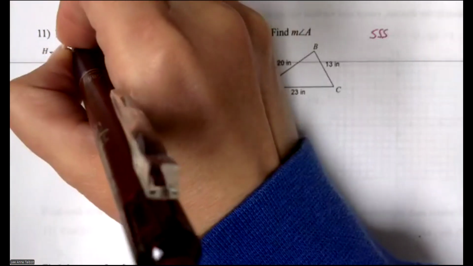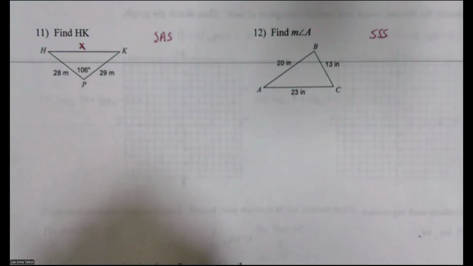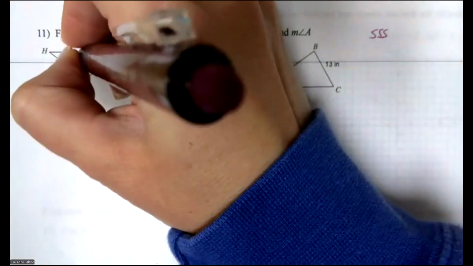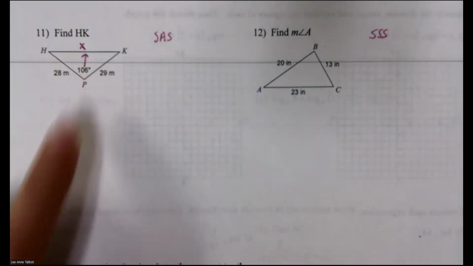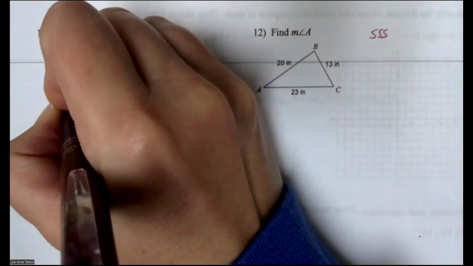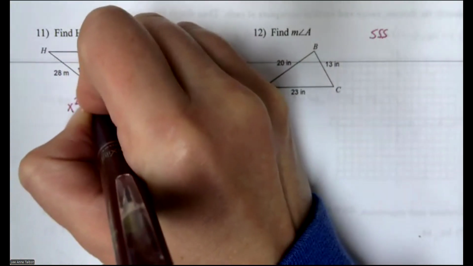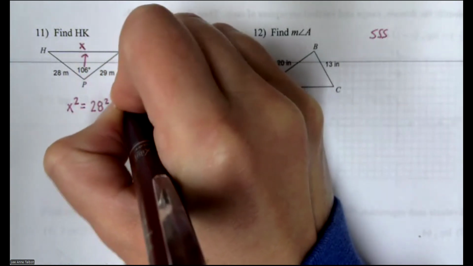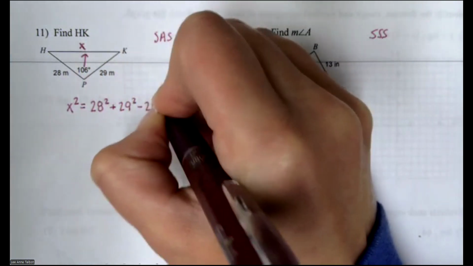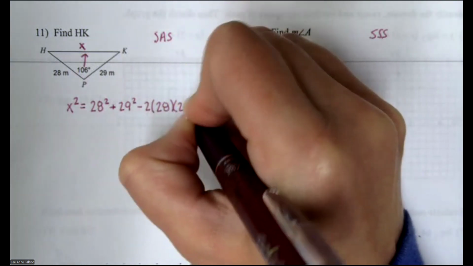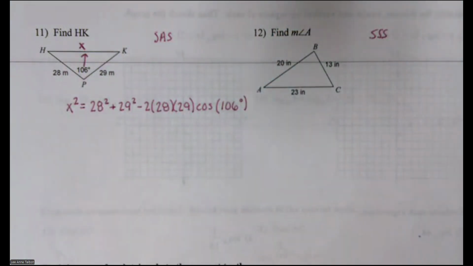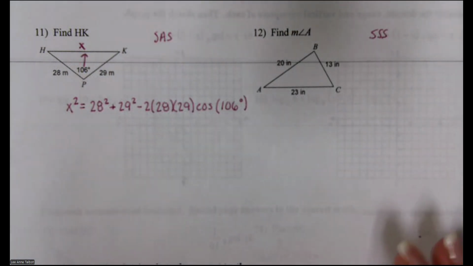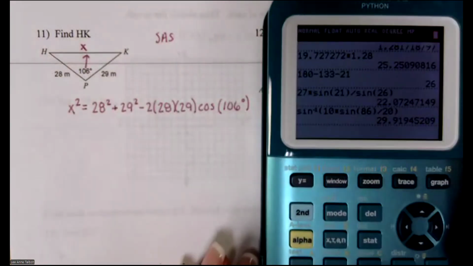Okay, anyway, this one says find HK. I'm just going to put a little X there on HK. And remember with law of cosines, you always start with the side across from the angle you have. So x squared equals 28 squared plus 29 squared minus 2 times 28 times 29 cosine 106. Now type that in one swoop.